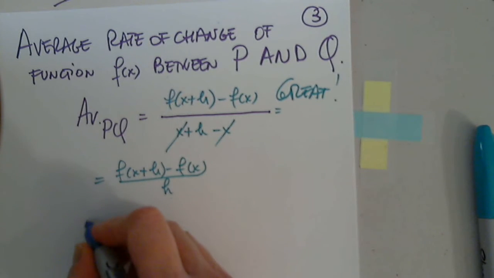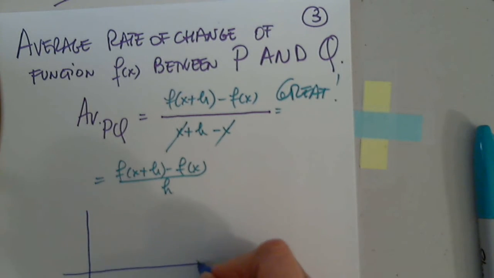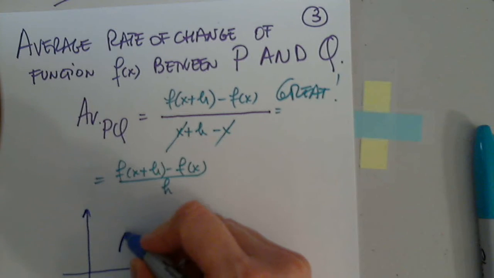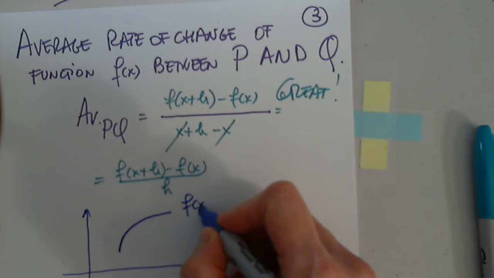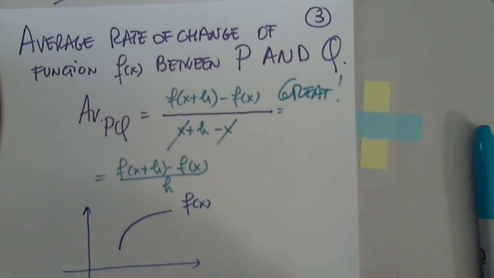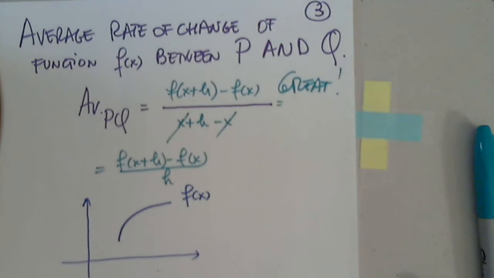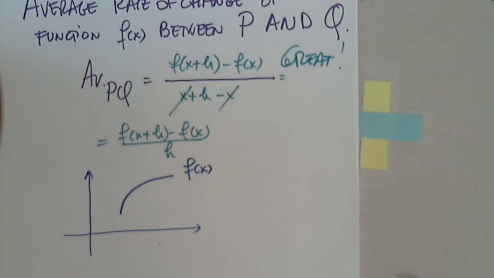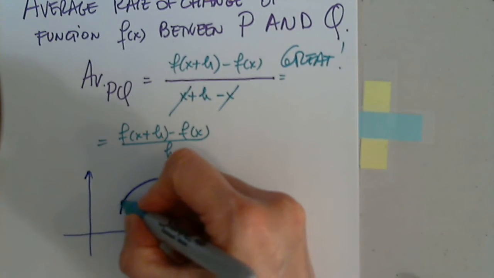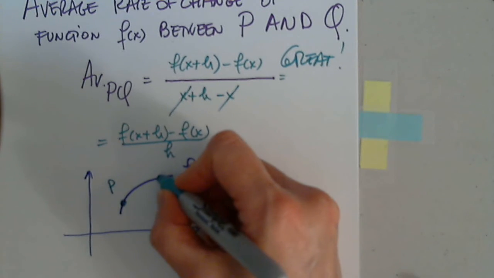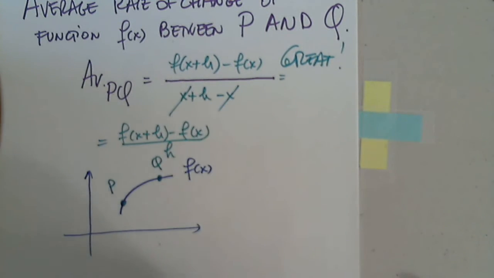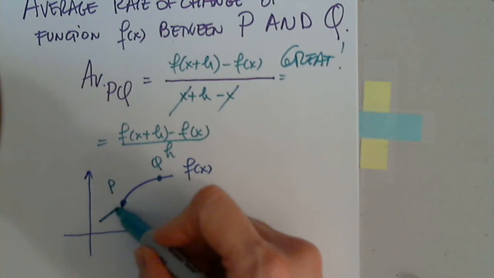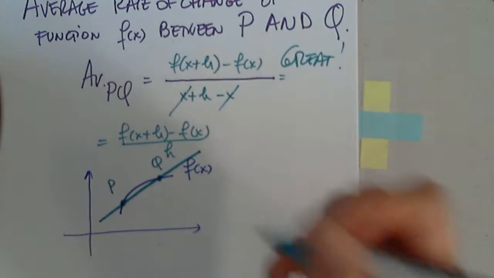So now, going back to our graph. Here's our function f of x. I don't want to go back to that page, that's why I graph it again here. So here's our point P, and here's our point Q. And we drew this.